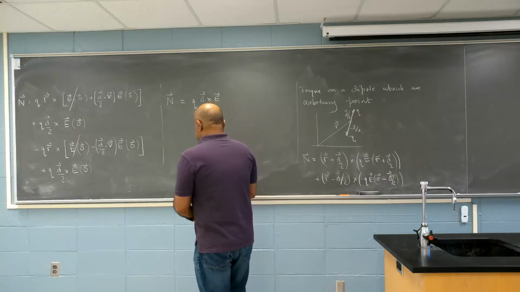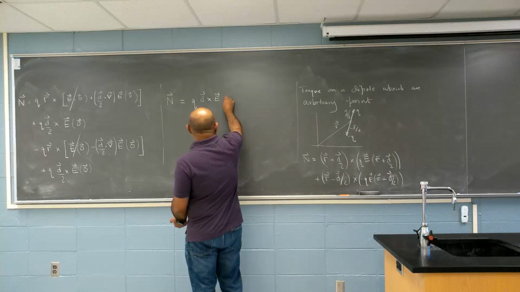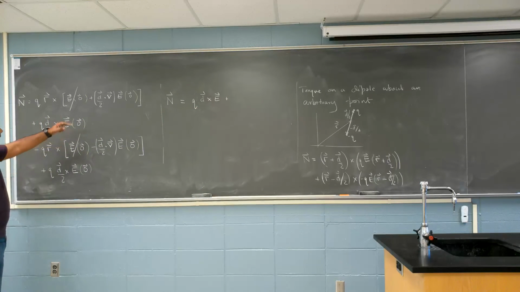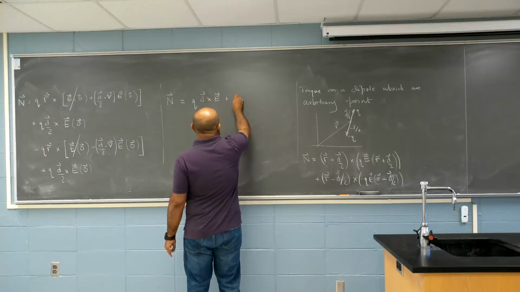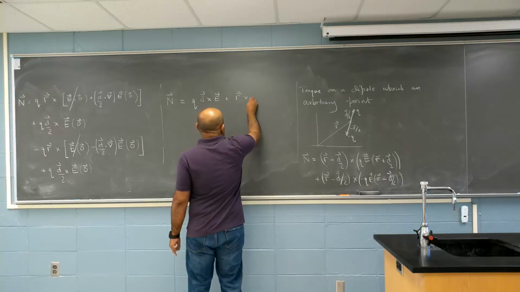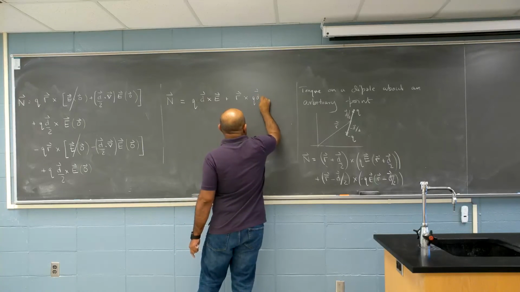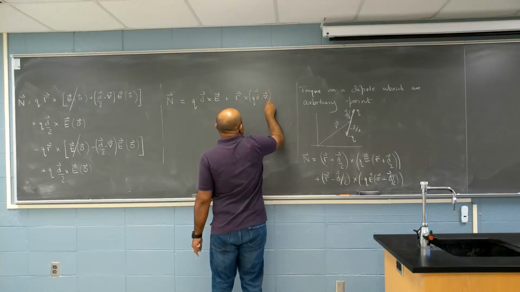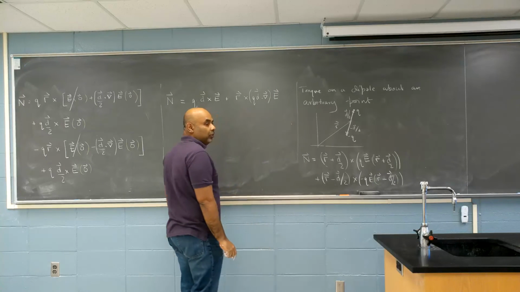Okay? Then comes the next term. I think the negatives will cancel. Here, the negatives will cancel, and D over 2 just becomes 1. So I have R cross QD dot, all evaluated where the dipole is located.